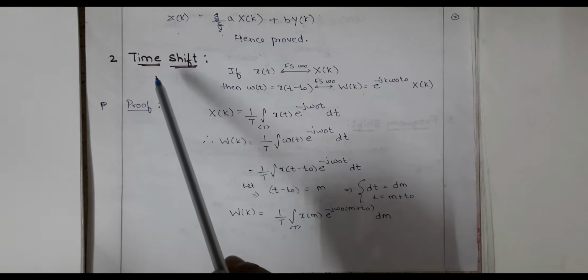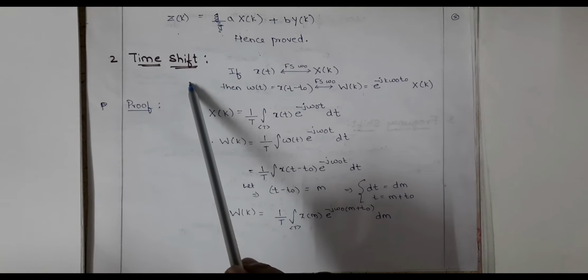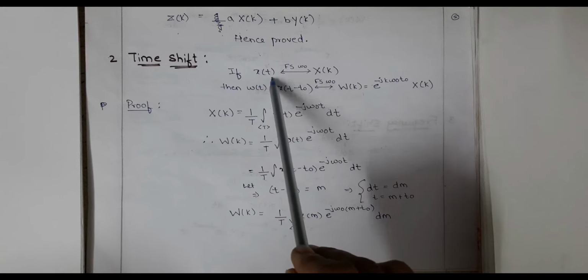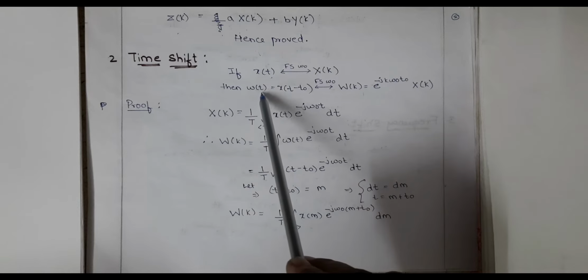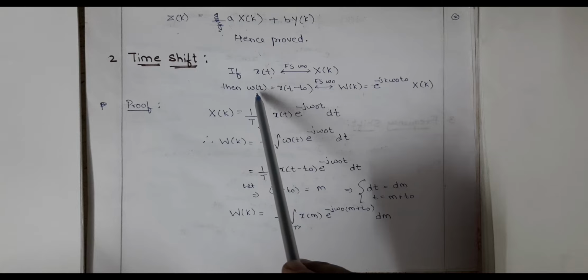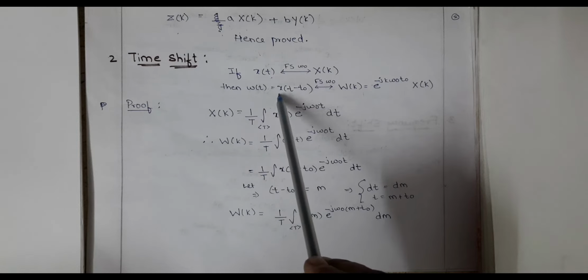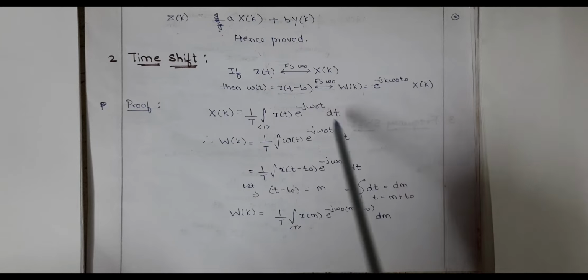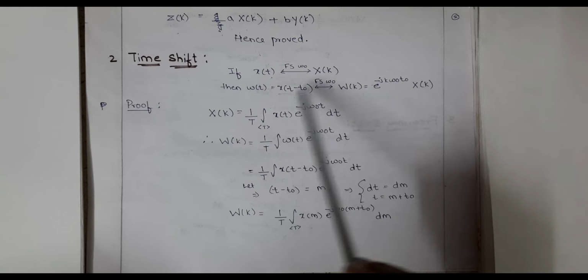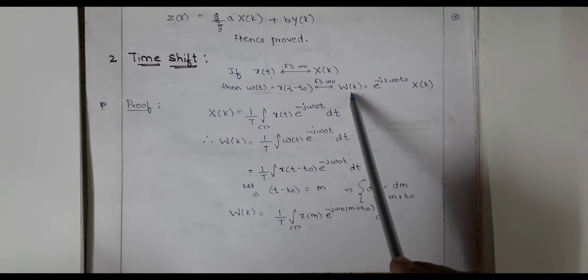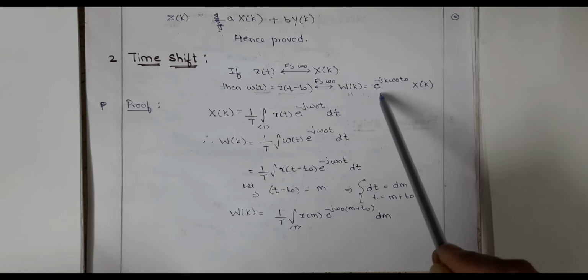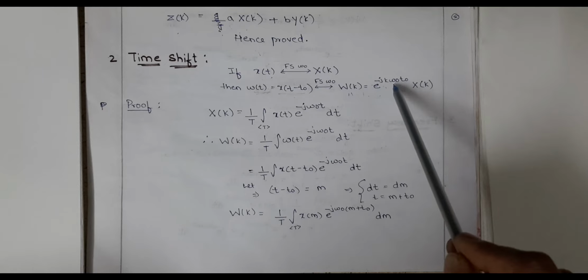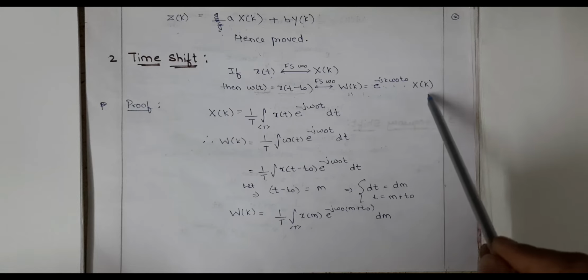Now we'll see the next property, the time shift property. If x(t) Fourier series is X[k], then w(t), a shifted version of this signal, x(t minus t naught), has Fourier series representation W[k] equal to e^(-j k omega naught t naught) X[k].